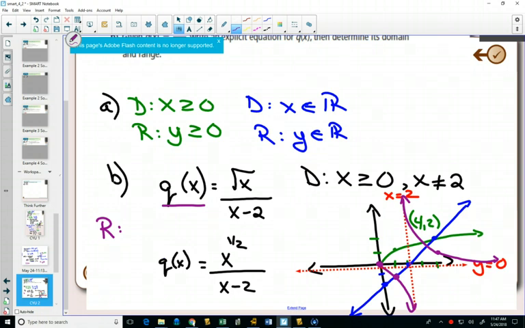Can you see yourself being tempted by that? When in reality, y is everything, because at 0, we have a point at 0, 0. Even though there's an asymptote that shows later on that it can't equal 0 as x gets big, this range is everything.